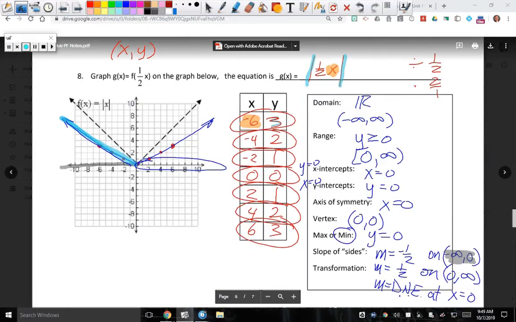All right. This transformation is a little bit different. How did this graph change? It opened up, the slope changed. Now I will give you a choice and you pick. Did it change horizontally or did it change vertically?